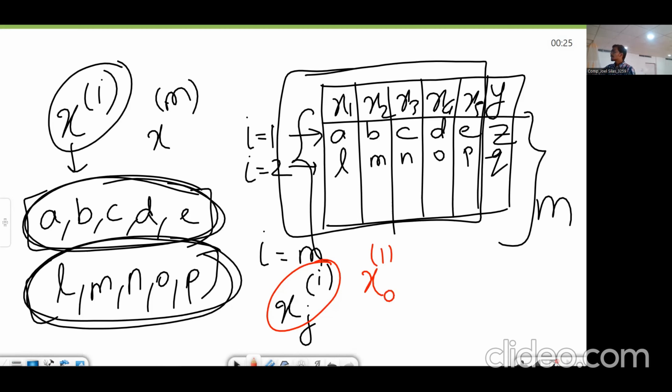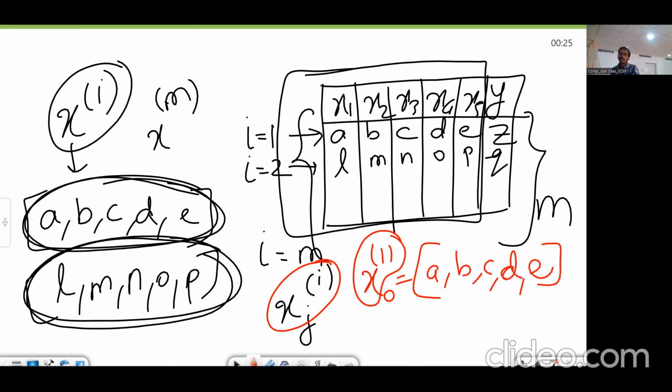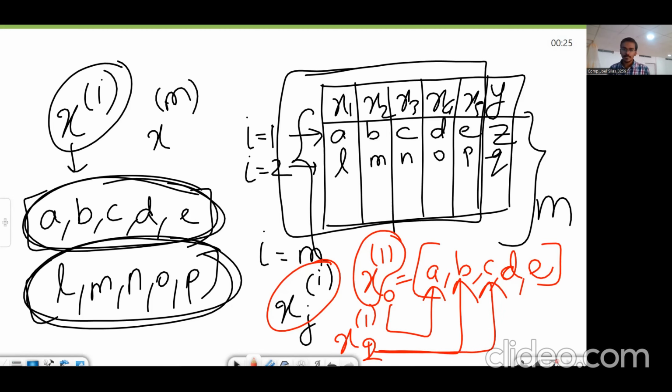This means that in the feature vector x of 1, which consists of the values a, b, c, d, and e, when I write 0, it indicates a. Suppose I write x of 1 subscript 1, then it will represent b. Similarly, x of 1 subscript 2 will represent c. Okay, so x of i represents the complete feature vector, and x of i subscript j represents a particular feature in that feature vector.